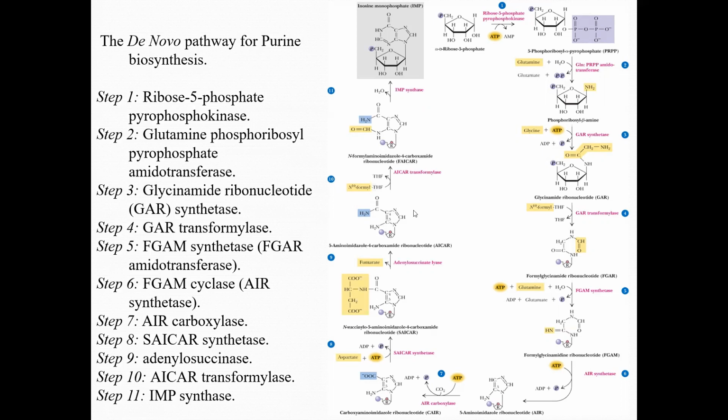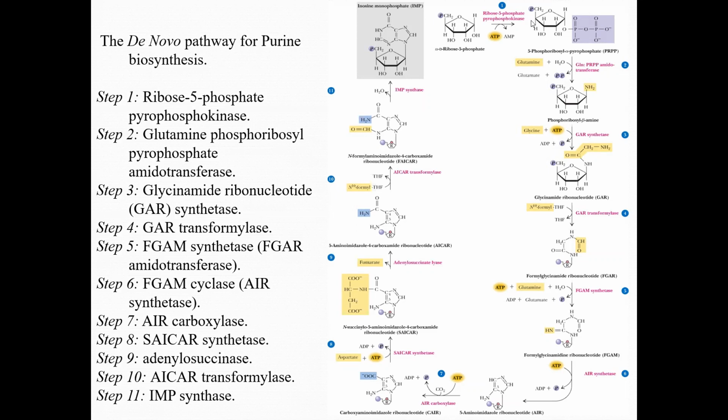And this, in presence of transformylase, again one carbon pool acts here, and it will transfer the formyl group over this amino group, and there occurs formation of N-formyl aminoimidazole 4-carboxamide ribonucleotide. And this will, again in presence of synthase enzyme, there occurs removal of water molecule and formation of inosine monophosphate.